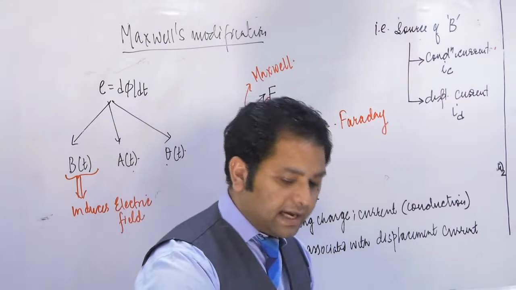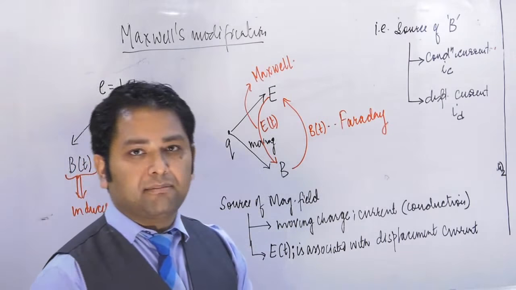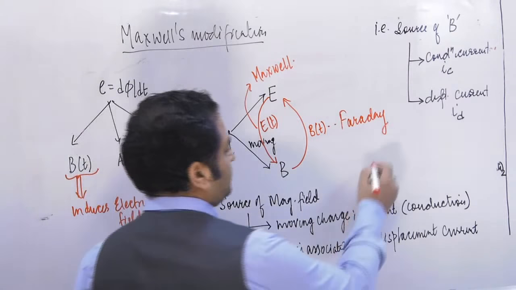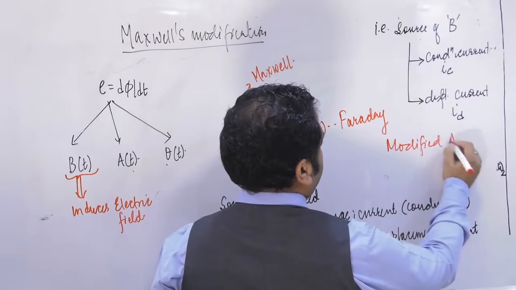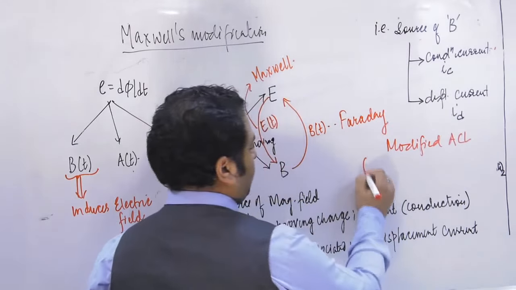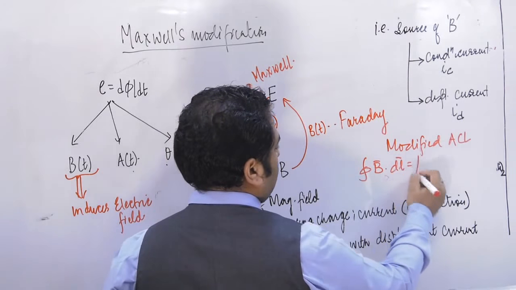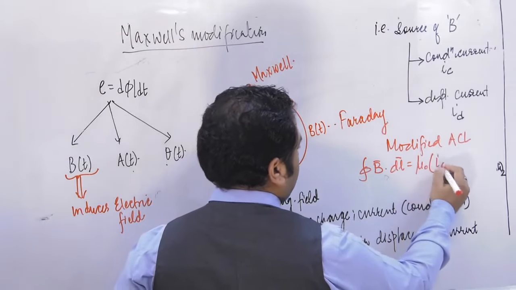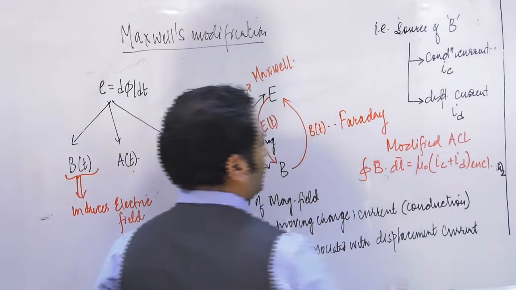And then Ampere's circuital law was modified by Maxwell. So here now comes the modified Ampere's circuital law, and that is closed loop integral B dot dl is mu naught times (IC plus ID) enclosed.